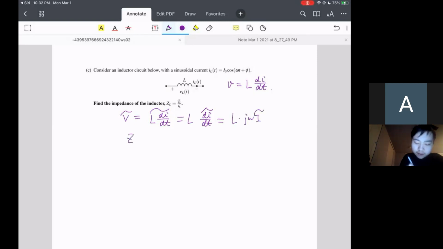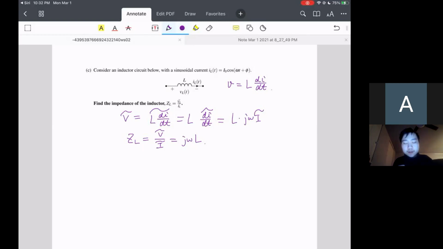And so the impedance of the inductor is equal to V tilde over I tilde, which is equal to j omega L. So these questions look a little bit intimidating, but using the properties that we just derived, don't be intimidated, it wouldn't be too hard.